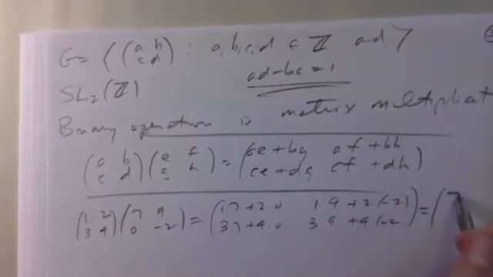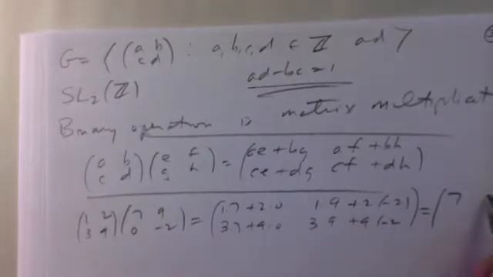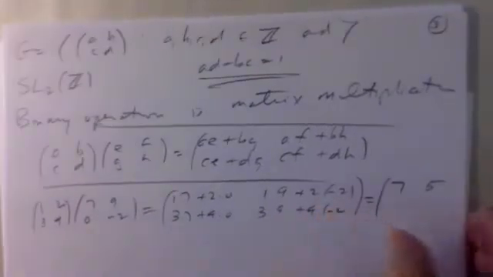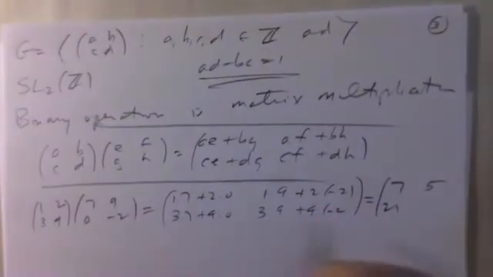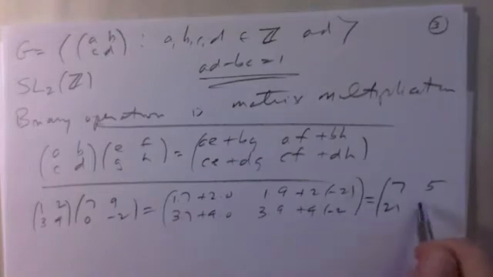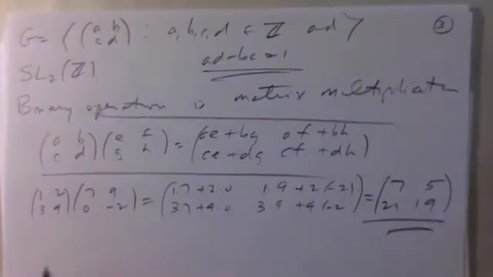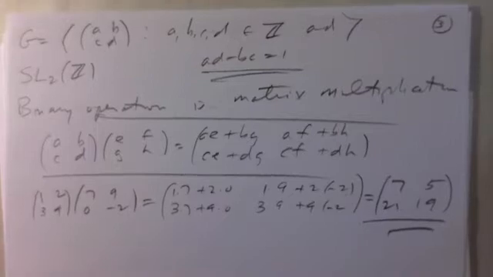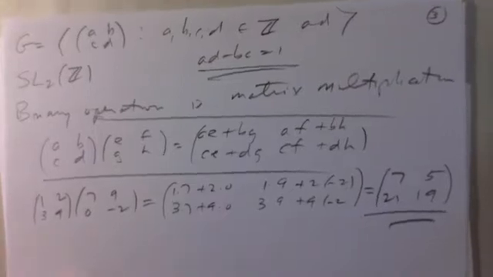This is equal to 7, 9 minus 4 is 5, 21, 27 minus 8 is 19. If you haven't had experience multiplying 2 by 2 matrices, now you will get the experience. You just have to learn how to do it, just like you had to learn the times table in elementary school. So this is the product of these two matrices.